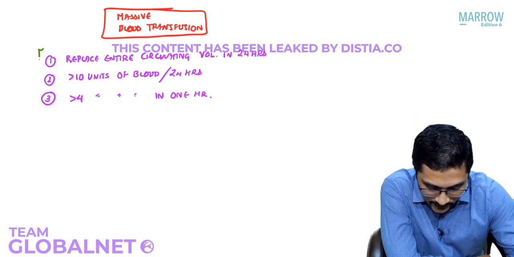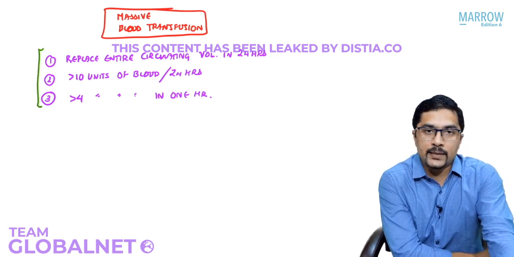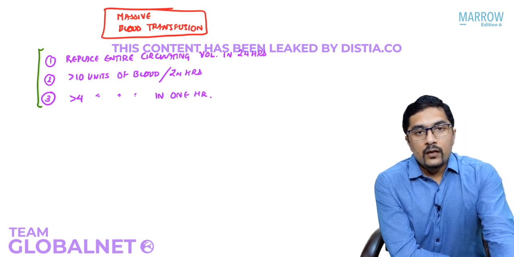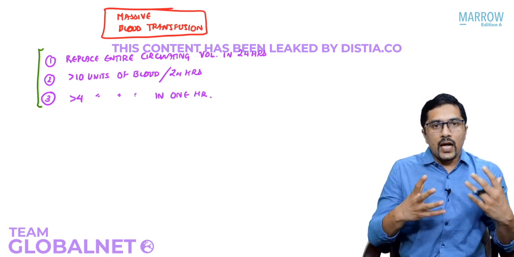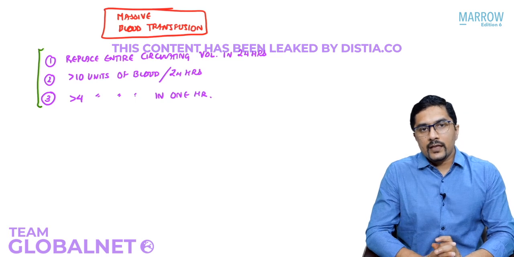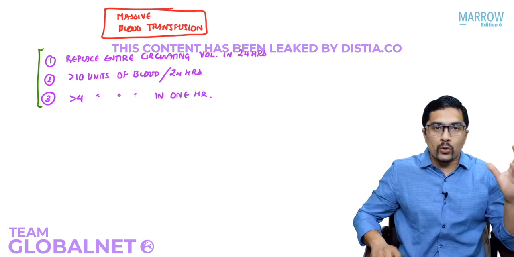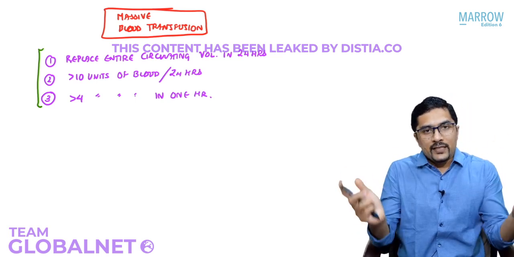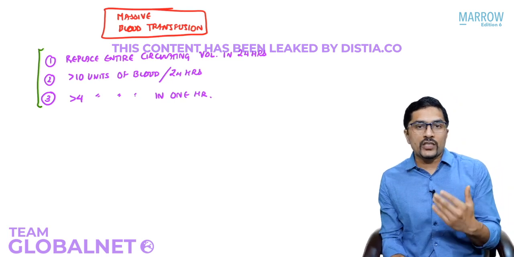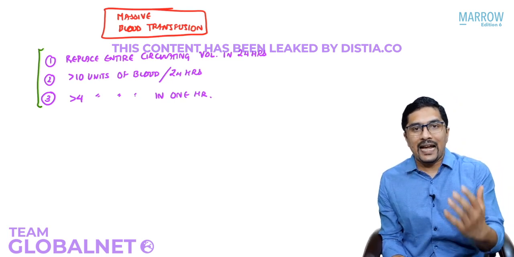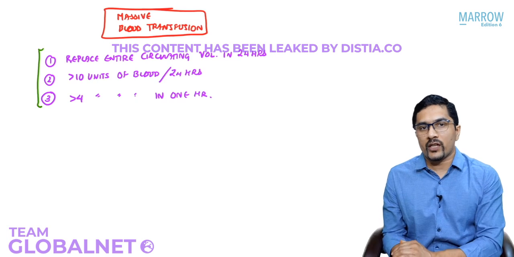The definition itself has been asked many times in the exam. Now you know when such large quantities of blood is required, there has to be a protocol. So there is a massive blood transfusion protocol which is initiated whenever we anticipate that a patient would require such large quantities.